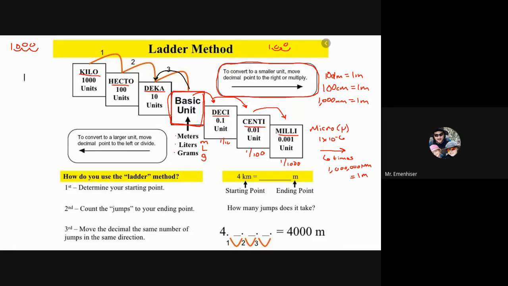So watch what happens. 1.0, right? So if we got our base unit, that's 1.0, right? So you got to remember that. That's 1.0. Now let's go this way. Let's move our decimal place one place. Watch what happens. I move it there. The decimal goes there. 0.1, and that's deca.